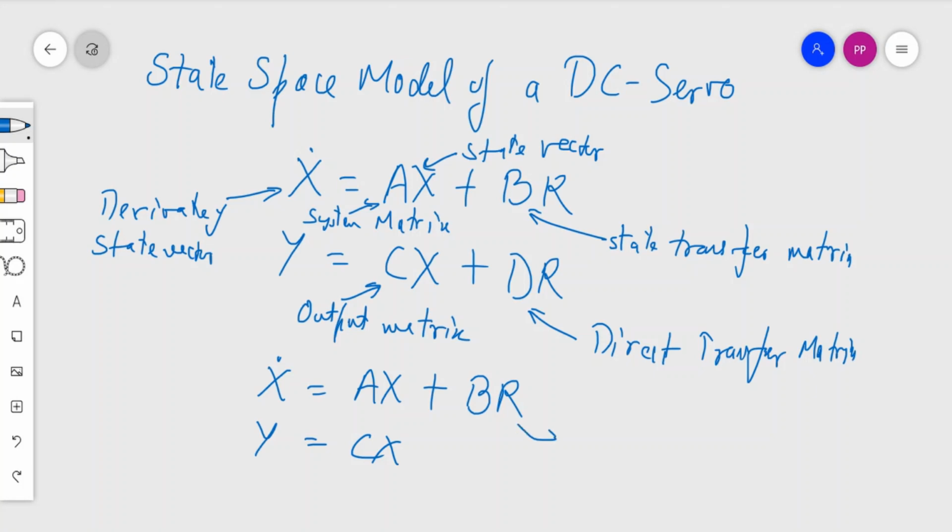In many books you will see, instead of r they have written u. So this term u is a little confusing because in control domain we use the symbol u which is entering the plant directly. So this is the plant G(t) and u(t) is the input to the plant and y(t) is the output of the plant.